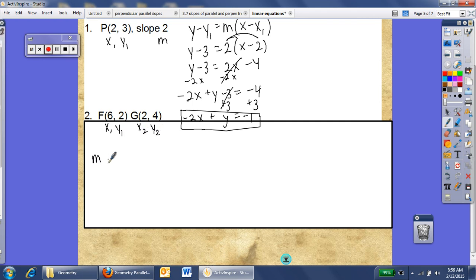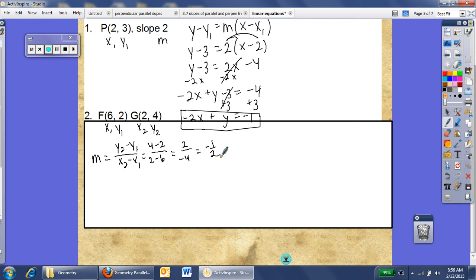Using our slope formula, I'm doing y2 minus y1 divided by x2 minus x1 to find the slope. So I have 4 minus 2 on top and 2 minus 6 on bottom as I plug in. 4 minus 2 is 2. 2 minus 6 is negative 4, which simplifies to negative 1/2.